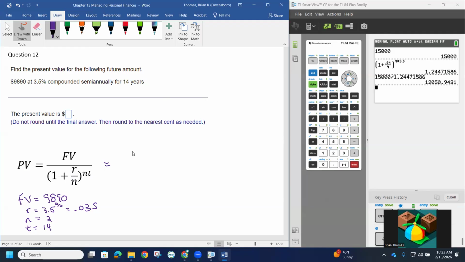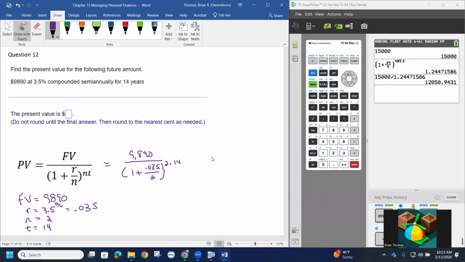The future value is 9,890 over, in parentheses, 1 plus the rate of interest 0.035 divided by the number of times compounded, which is 2. Then we raise that to n times t, so multiply 2 times the number of years, 14.